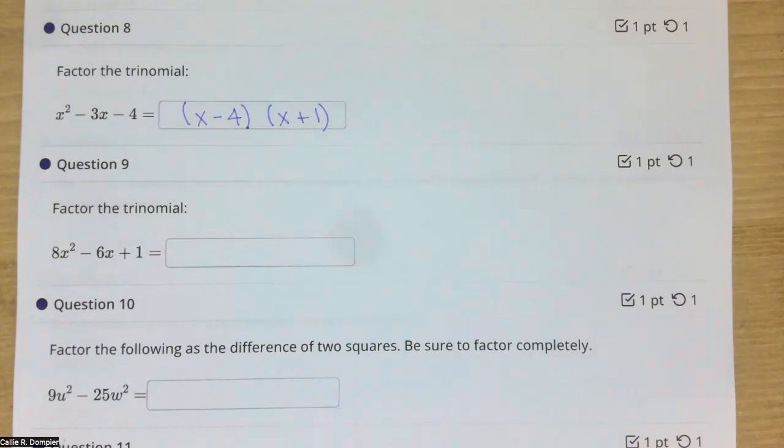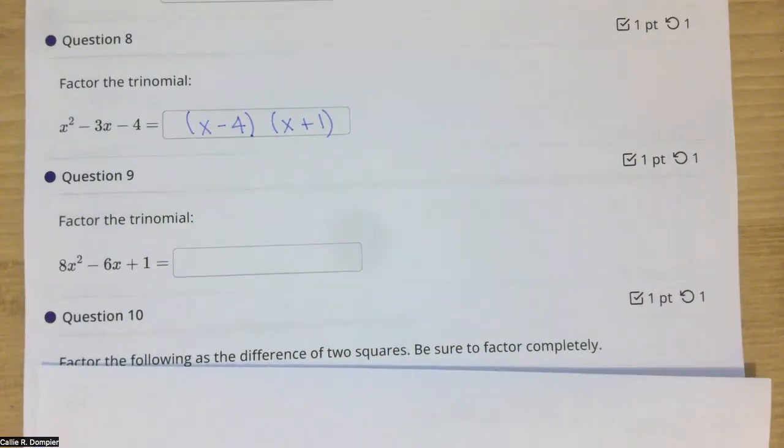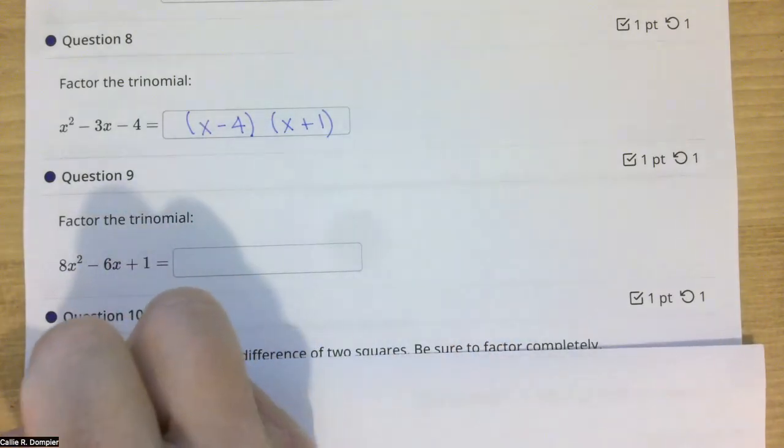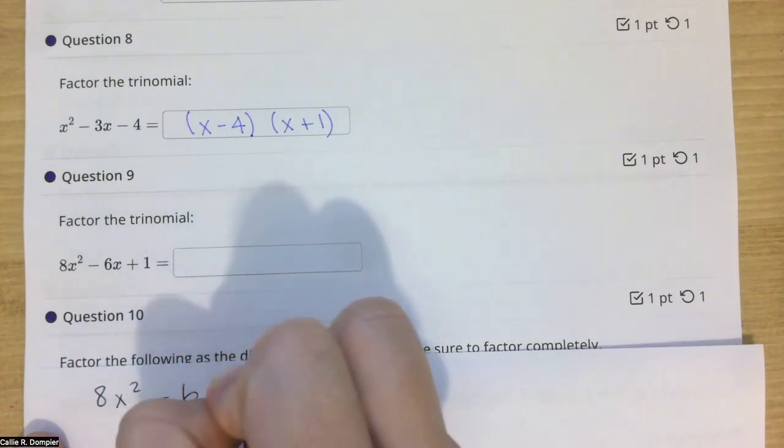All right, question 9 is a little bit more difficult, or could be, because our first term is not a 1, okay? We have 8x squared minus 6x plus 1.